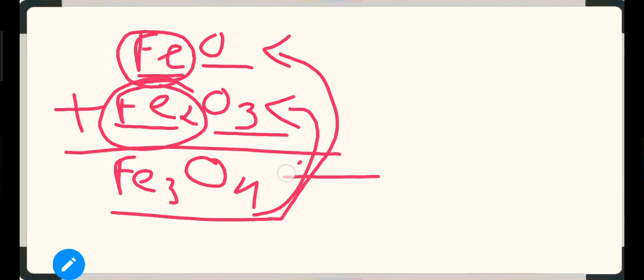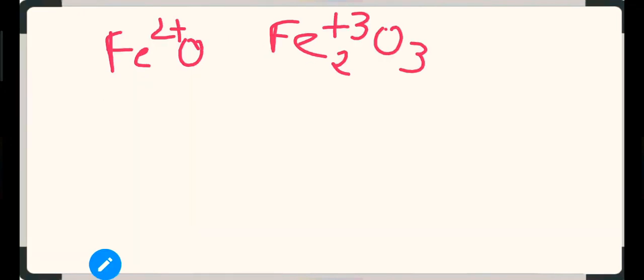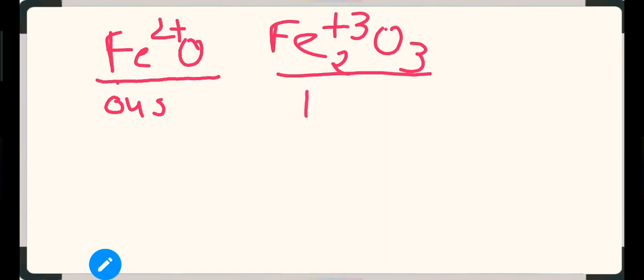So what will we call this compound? As we know, if you have two different oxidation states of a metal, then the lower oxidation state will use the suffix OUS, and the higher oxidation state will use the suffix IC. That means FeO is called ferrous oxide and Fe2O3, because of the higher oxidation state, is called ferric oxide.